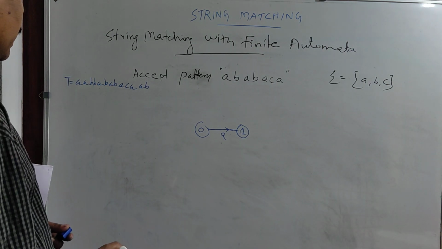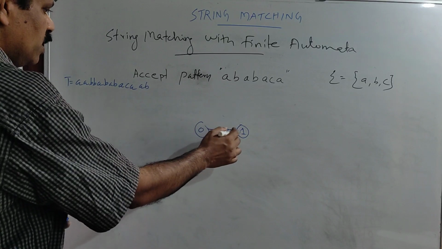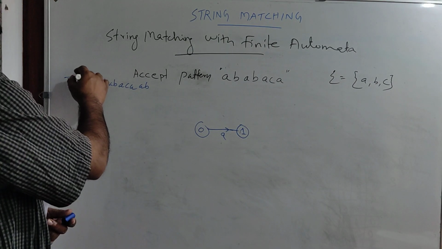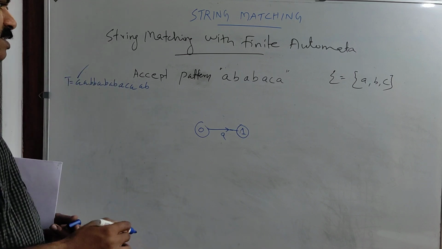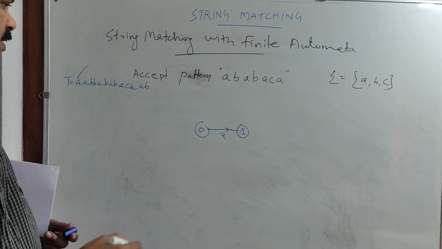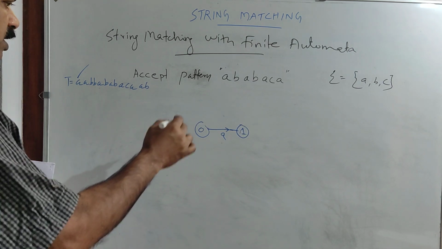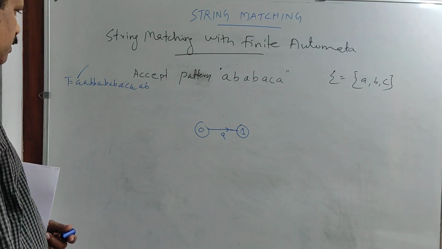Then on receiving an A, it can move to the next state. Okay, so our string matcher has taken the first character. The automata can move to the next state.